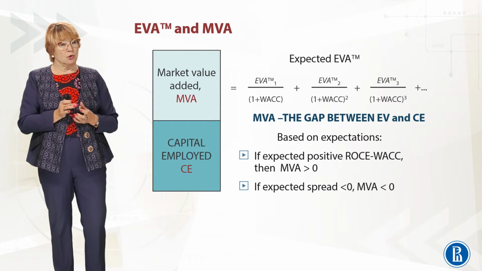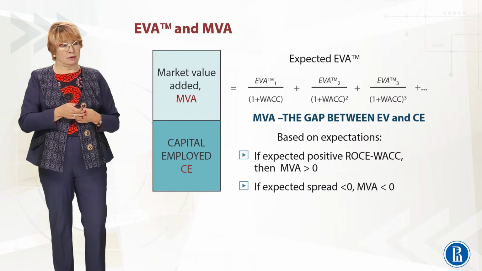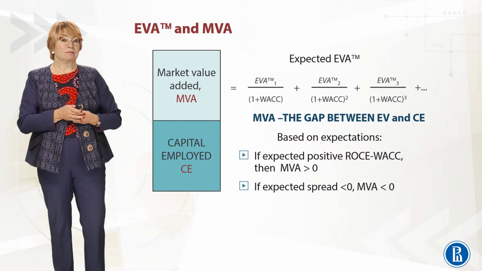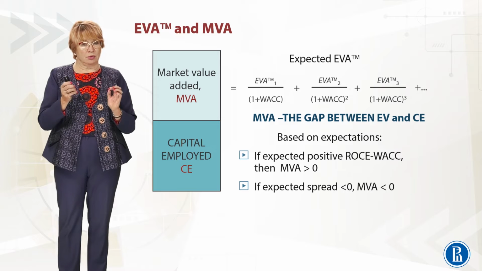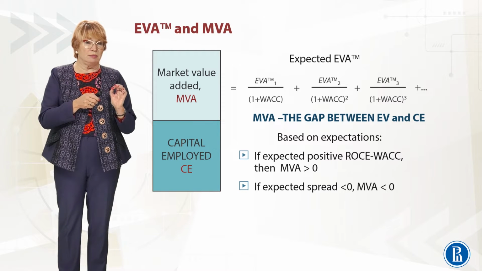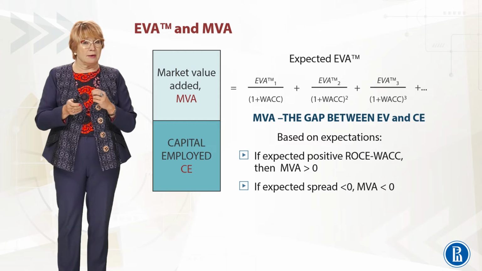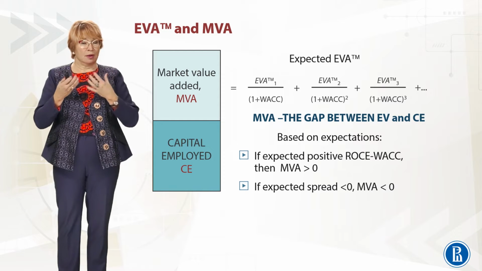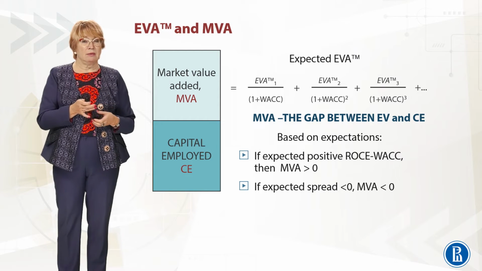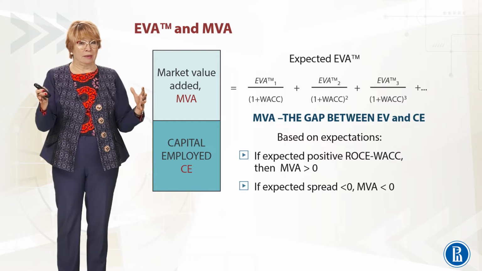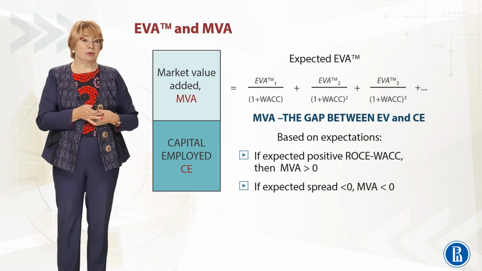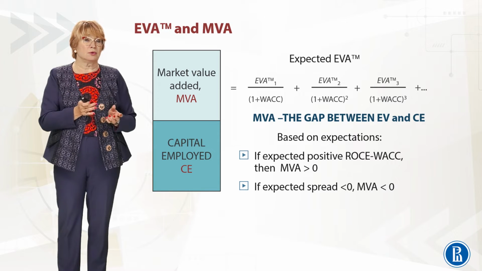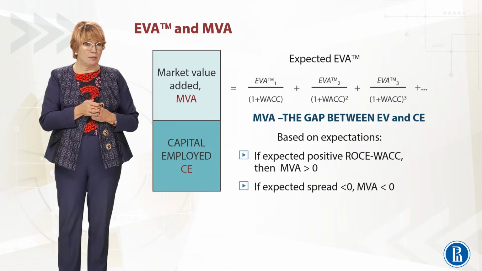So from that follows, of course, that if those expected EVAs are based on the positive economic spread, when considering this equity equivalence, when making the computations of that spread, return on capital employed minus WACC, smarter in terms of the equity equivalence and the resource base actually applied when competing in the markets, when the economic spread is really expected to be positive, then of course MVA overall is positive.